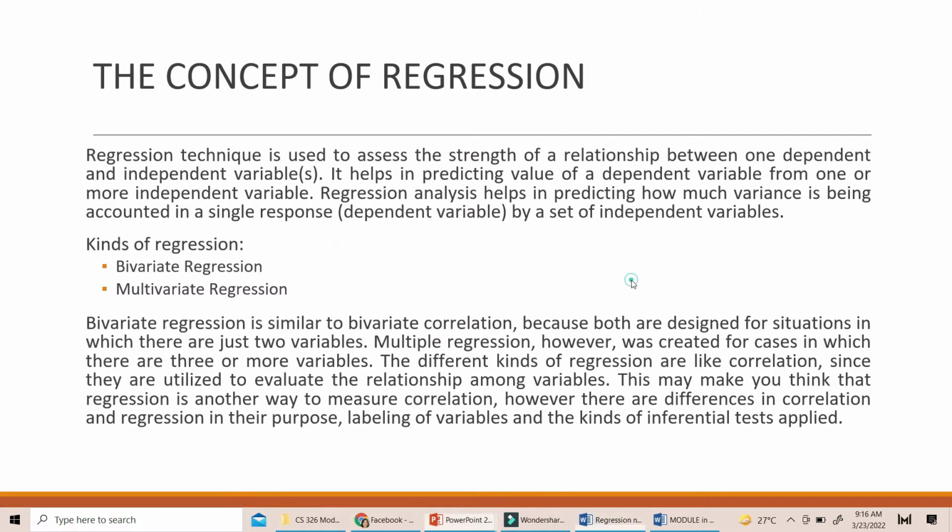Now we will continue. Regression analysis helps in predicting how much variance is being accounted for in a single response. Variance deals with statistics. Variance is the measure of variability.